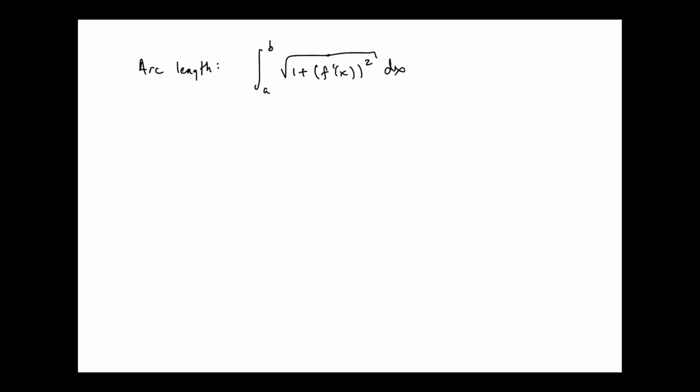Okay, so if I take the square root of 1 plus the square of the derivative, and square root that whole thing, if I integrate that, that will give me the arc length.